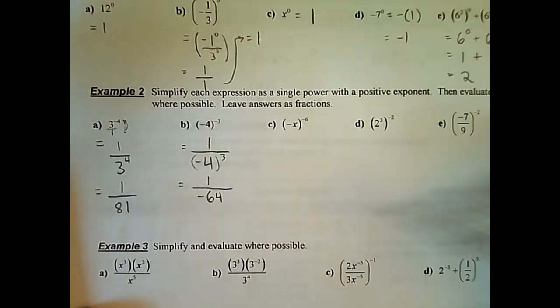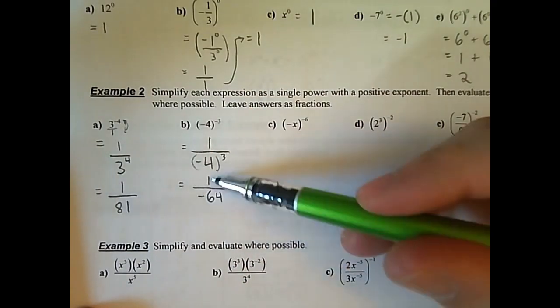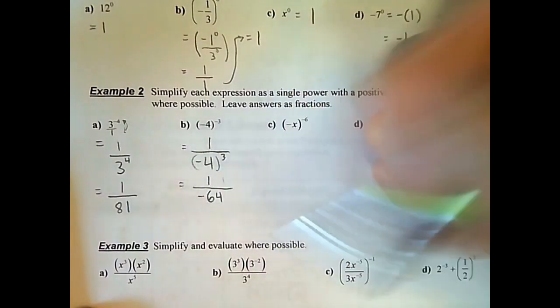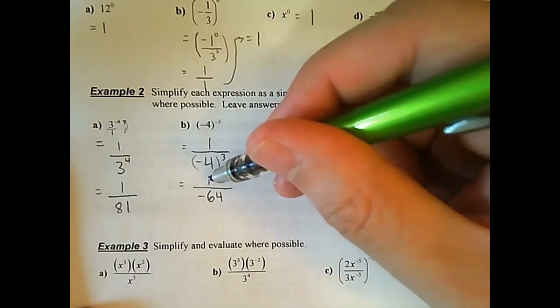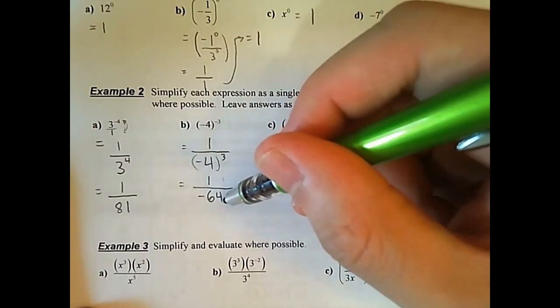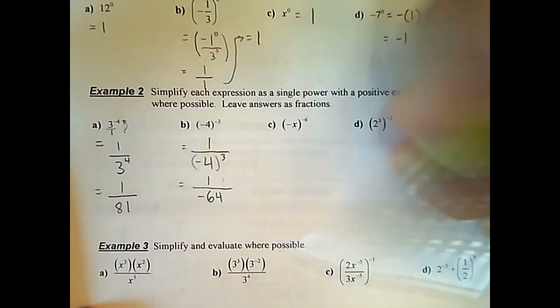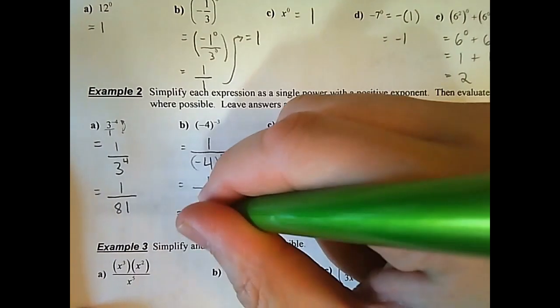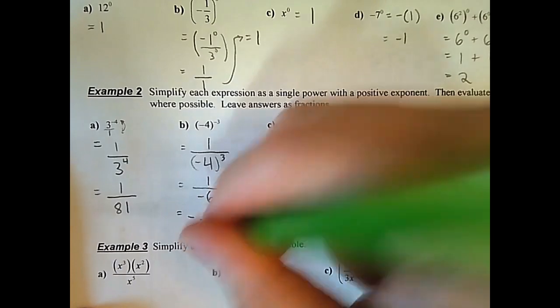And then students ask me, what do I do with the negative? Does it stay on the bottom? Does it stay at the top? Just remember, fractions mean division, so I'm saying 1 divided by negative 64. Even if I put it at the top, it would be negative 1 over 64. It means the same thing. So you can leave it in the middle, on the top, or on the bottom.